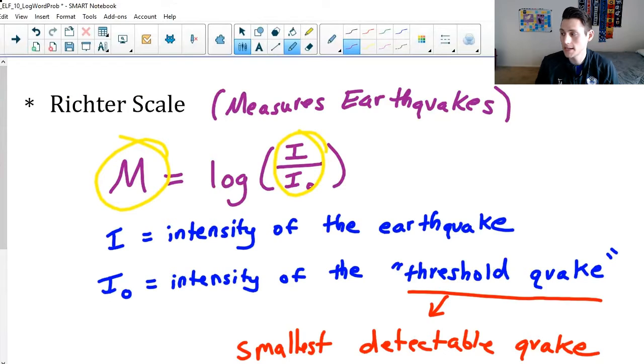And at a certain point, the ground is always moving a tiny bit, but at a certain point, we can't measure it anymore. So the I-naught is just, okay, this is the smallest amount that we can actually measure. And so we'll compare other earthquakes to that smallest amount. Right? So Richter scale. M stands for magnitude. We always talk about the magnitude of an earthquake.